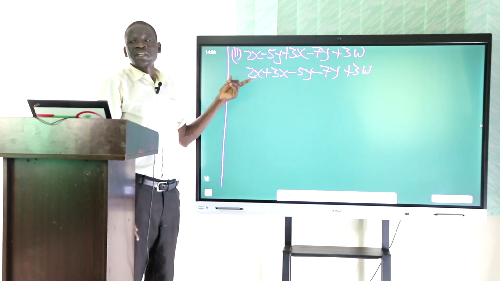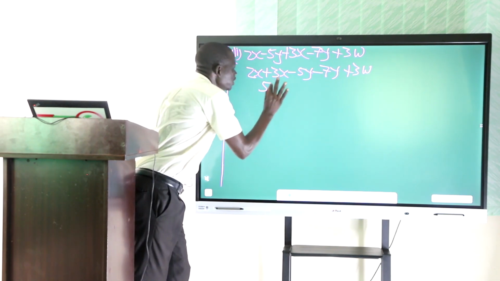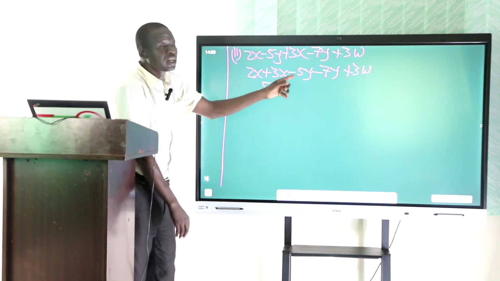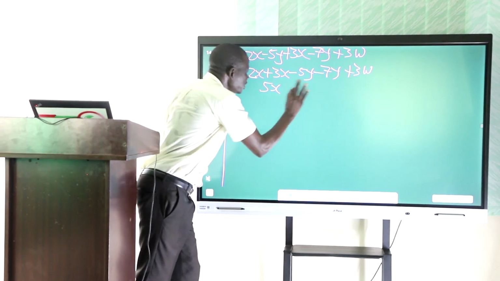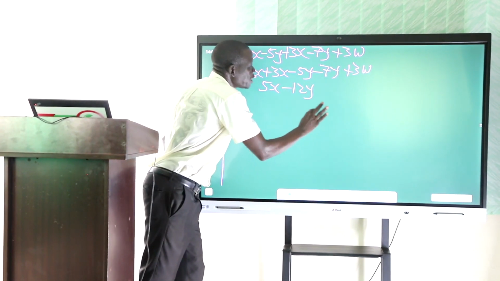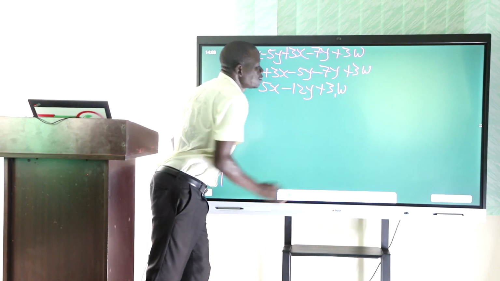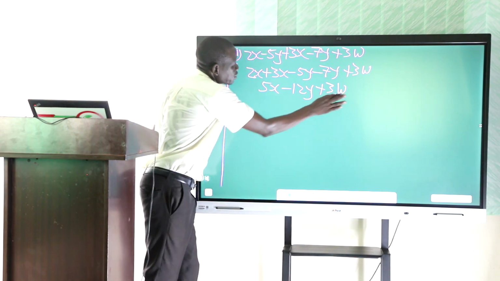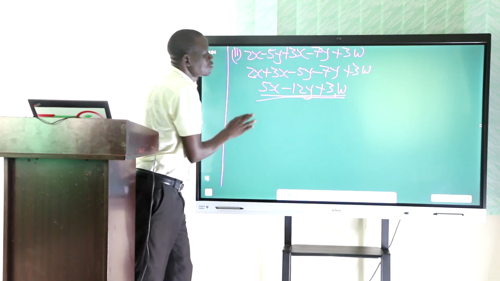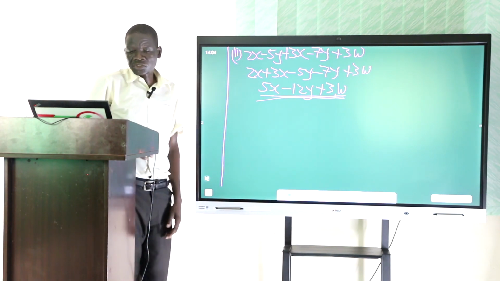So that 2x plus 3x, we get what? 5x. Then negative 5y minus 7y, we get negative 12y. Then plus 3w. So you can see that the expression now consists of unlike terms. So our answer will end there. And this becomes the answer.